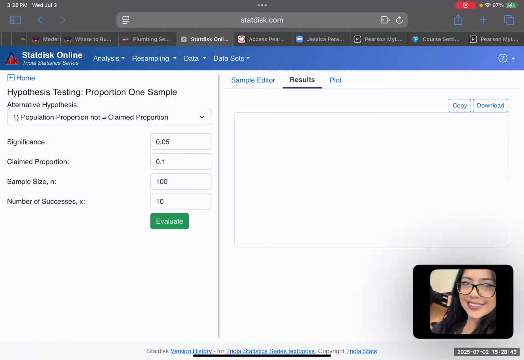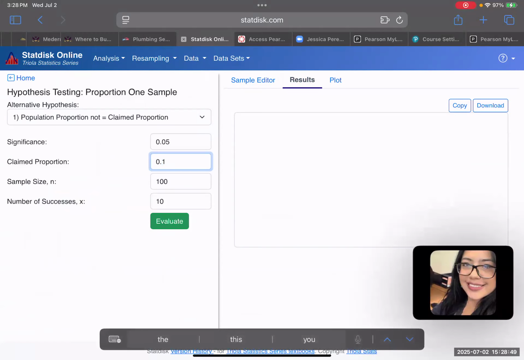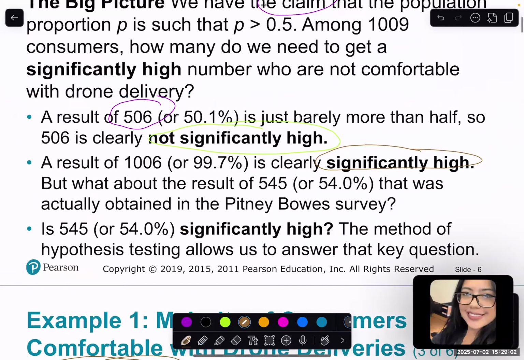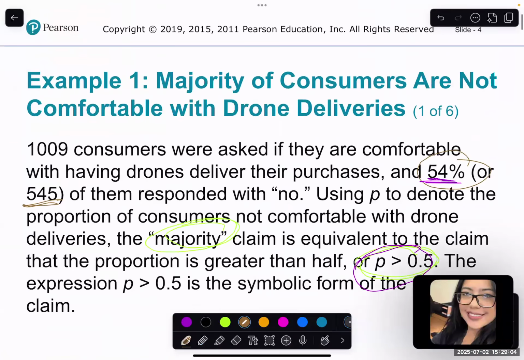If we look over here, we're going to look at something called alternative hypotheses and significance. The claim proportion here was 0.5. We're going to look at the sample size, 1,009. The number of successes was 500. What was it? Let's go back. It was 506, I believe. Yeah.